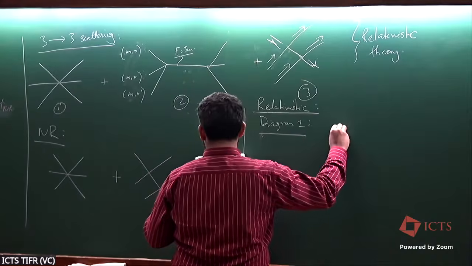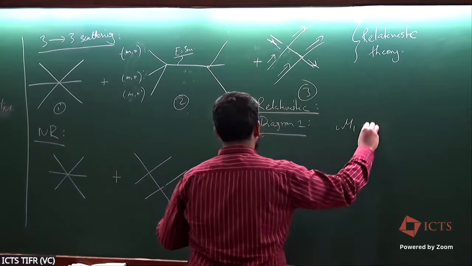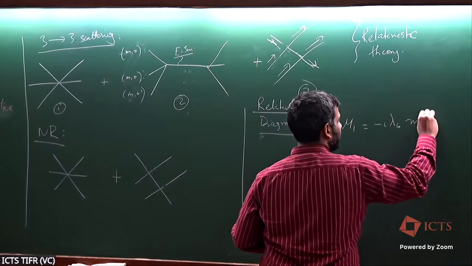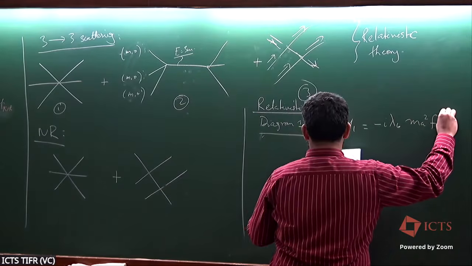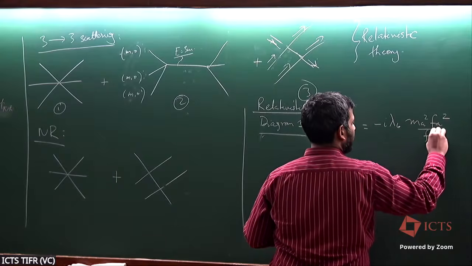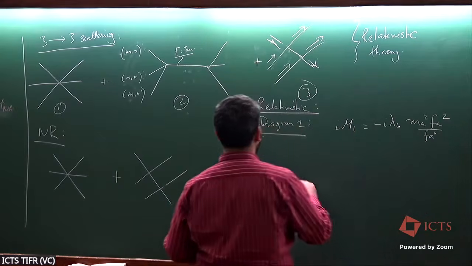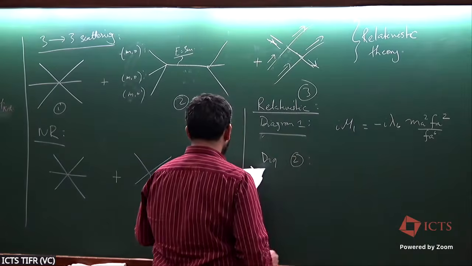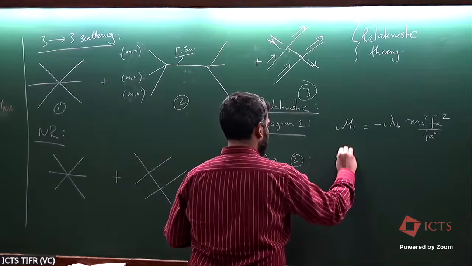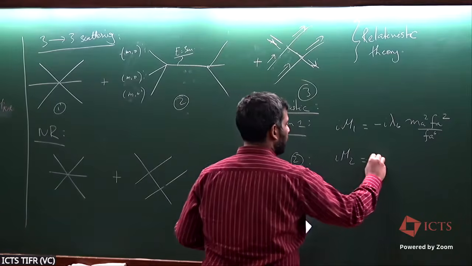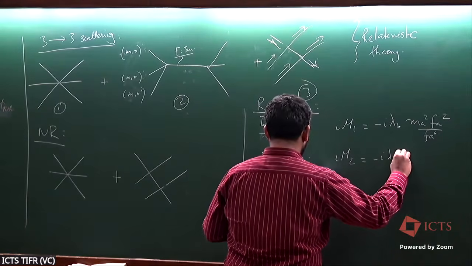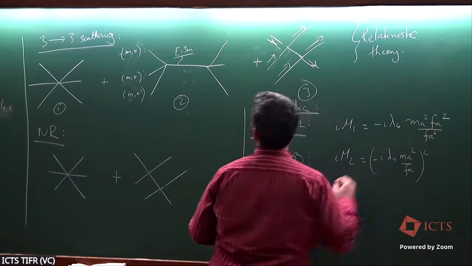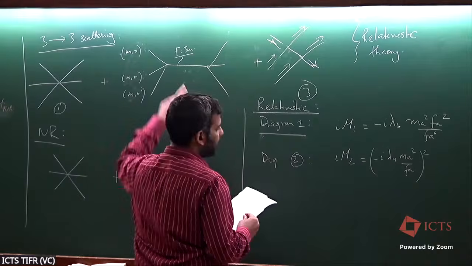I will just get an amplitude, which is iM1 minus i lambda 6 square by f_a^6, or diagram 2, this is from lambda 4, because this is from the phi^4 vertex.